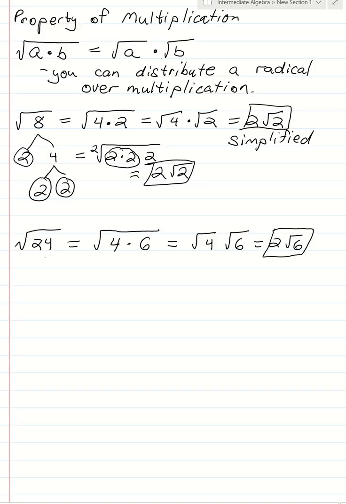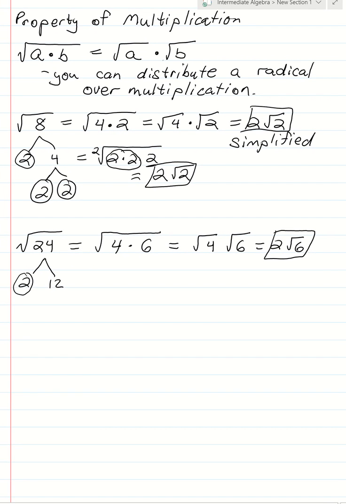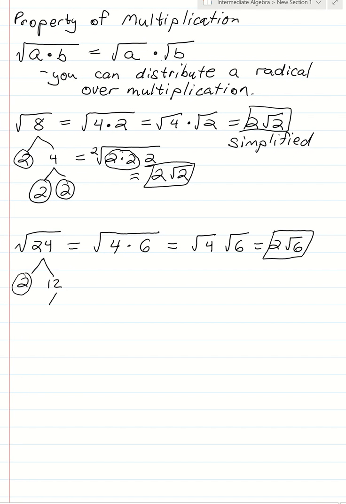Let's take the number 24 and let's write it as a product of prime numbers, and let's see if I get the same solution. So when you think of 24, the first two numbers that come to mind might be 2 and 12. Now 2 is prime, so I'm not going to touch that. 12 has to be thought of as maybe 2 times 6.